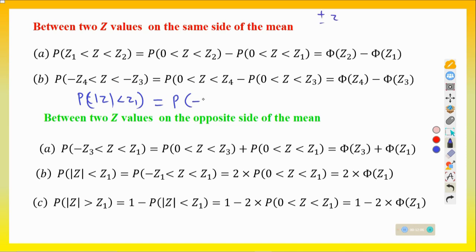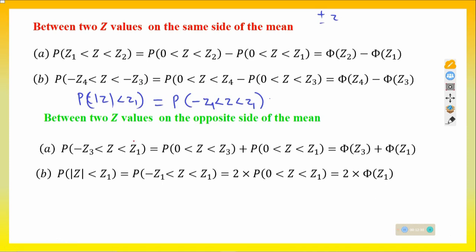So it means you will have negative z1 less than z less than z1. But we know how to manipulate this. Using our normal way of manipulating these values, we can have this expression manipulated as well.